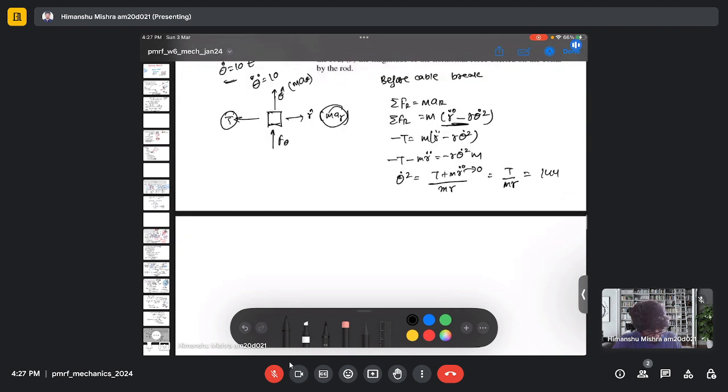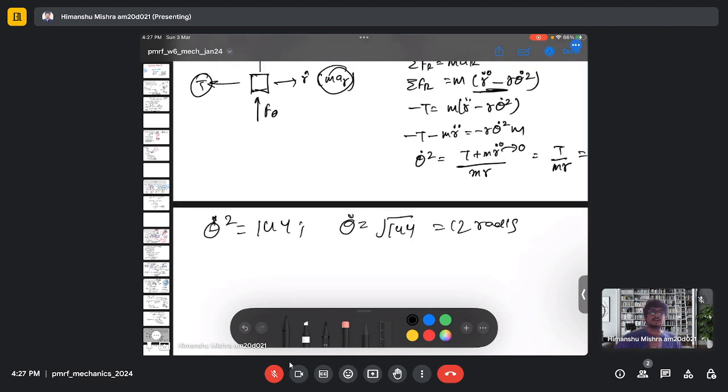So my theta dot square will be 144, so my theta dot will be 12 rad per second.